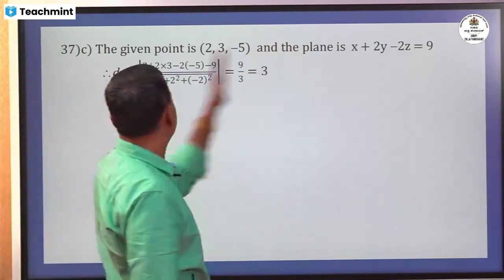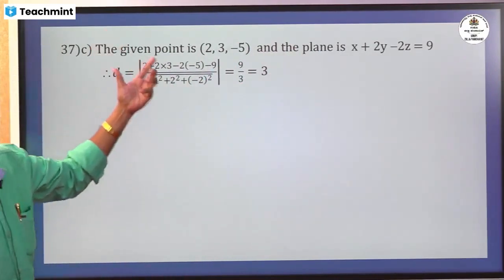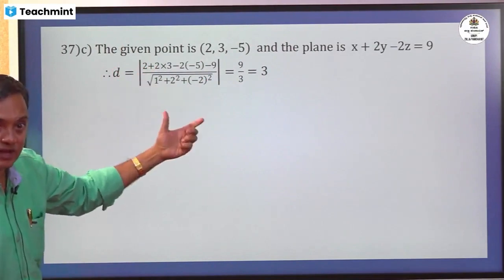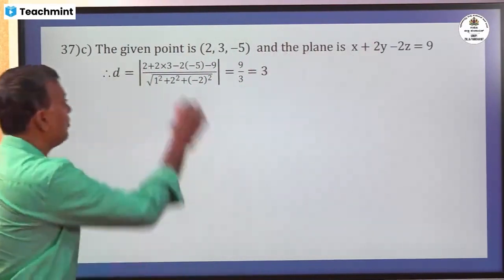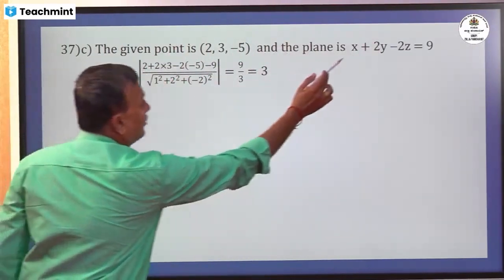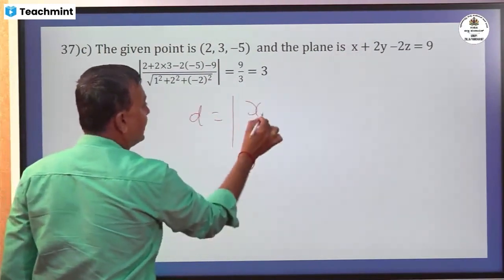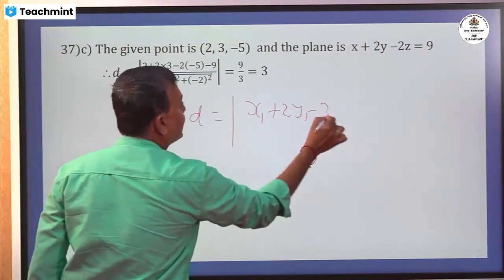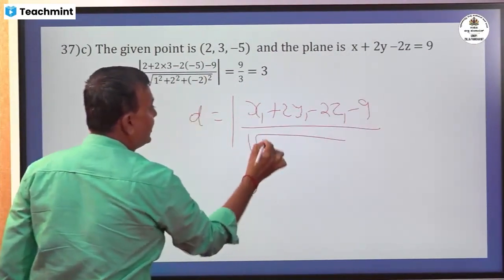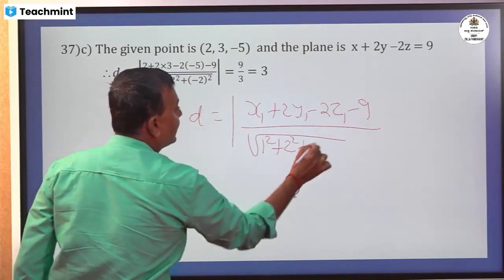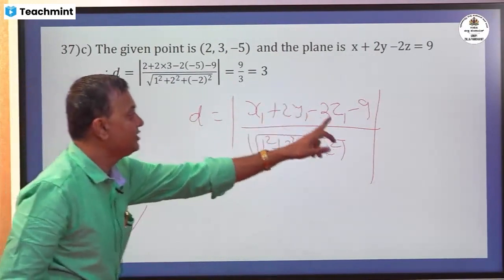This is the distance formula, the same as the length of the perpendicular in straight lines; in 3 dimensions, one extra coordinate comes. So modulus of x1 plus 2y1 minus 2z1 minus 9 divided by root of 1 square plus 2 square plus minus 2 square. Correct? A is 1, B is 2, C is minus 2.